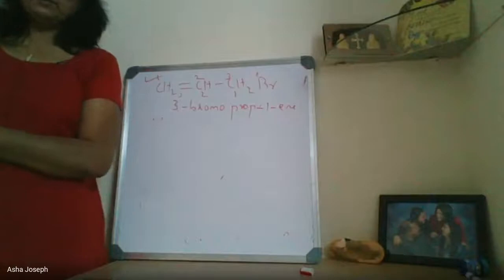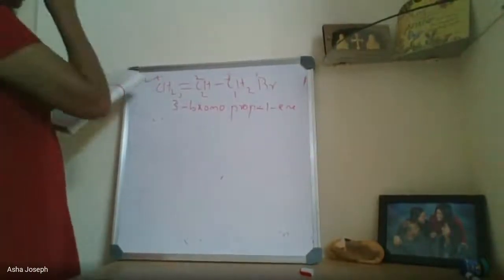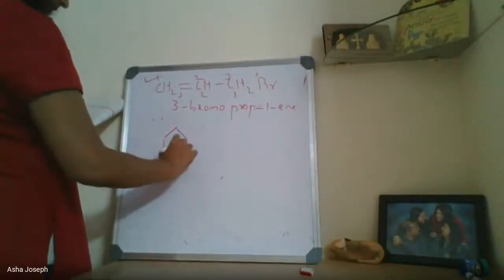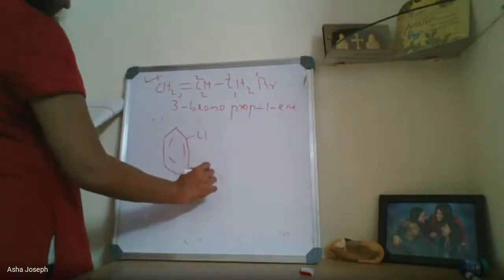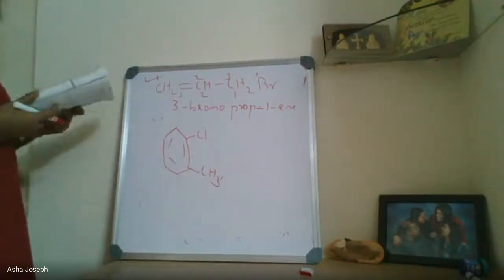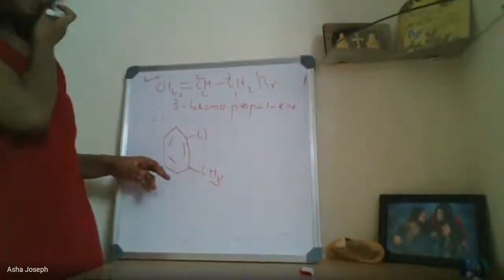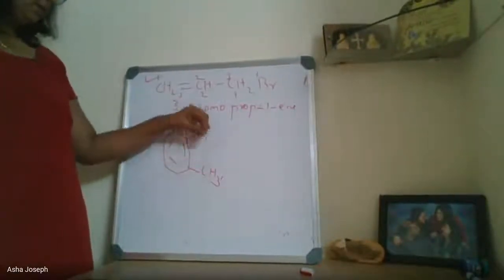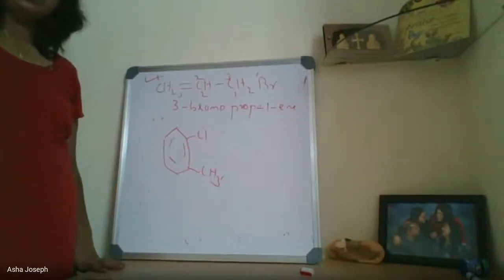Okay, so this is the name, allylic halogen, and this one. If CH3 and chlorine are there on benzene, it is toluene. So the common name you can say is orthochlorotoluene.